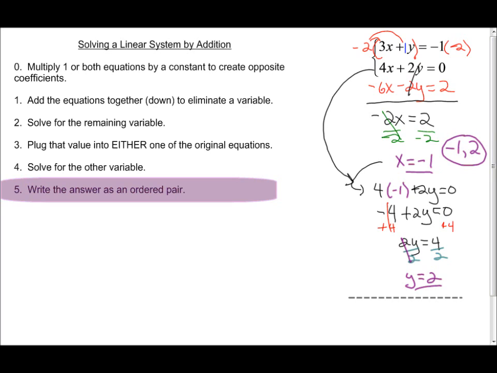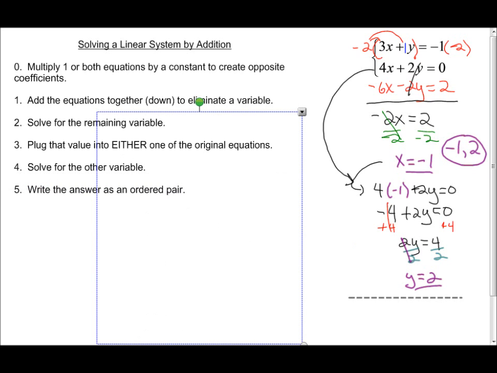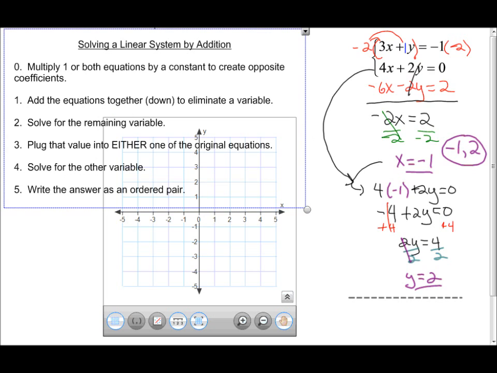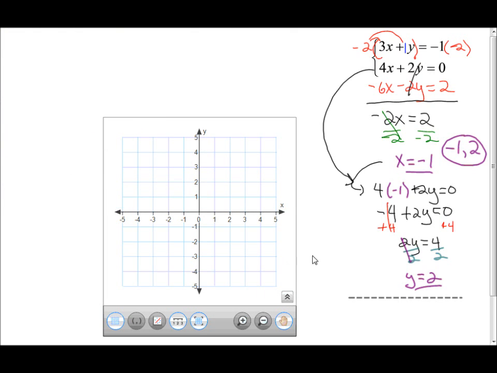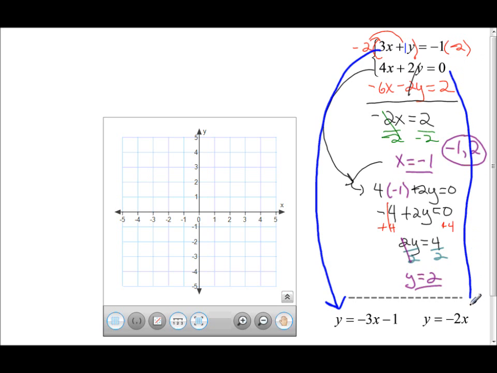That is my answer. Solve it by graphing, which if I were to take a look at that, would love to just quickly demonstrate that if I were to take the top equation and put it in y equals mx plus b form, I would get this, and the bottom equation, if I put it in y equals mx plus b form, I would get that equation, y equals negative 2x.